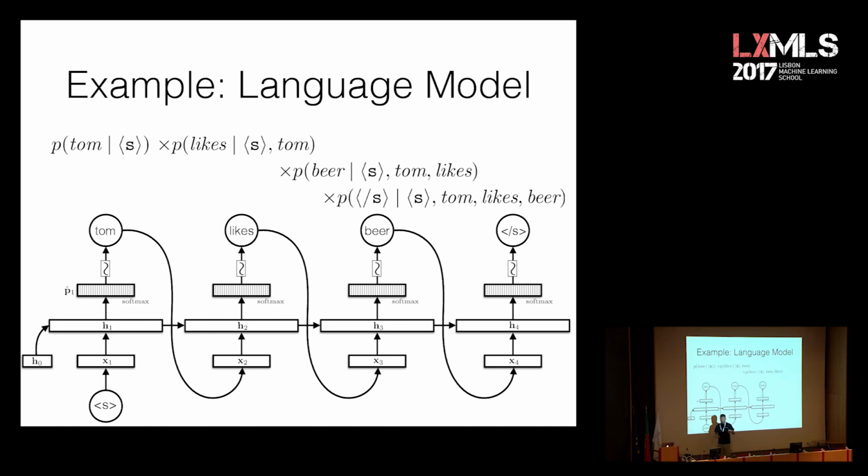And we're going to keep repeating this process until we sample a special stop symbol. So in language modeling, we often use these quasi-XML-like tags, angle bracket s, angle bracket slash s, to indicate the start and stop symbols. These are just tokens in the vocabulary like any others.